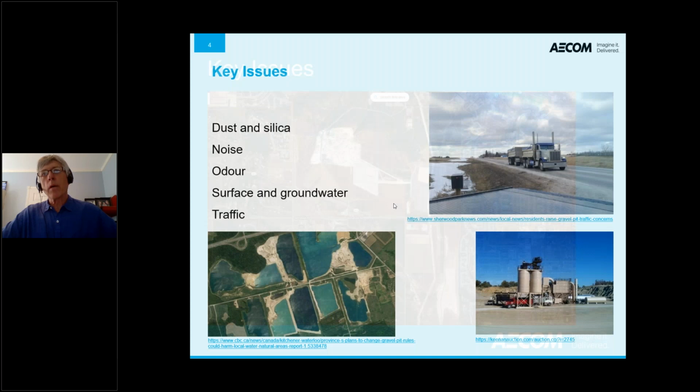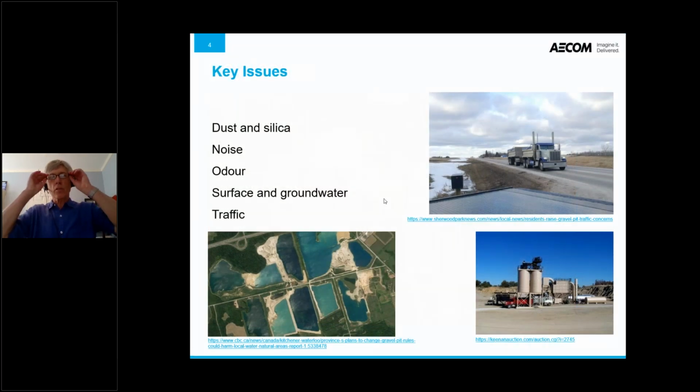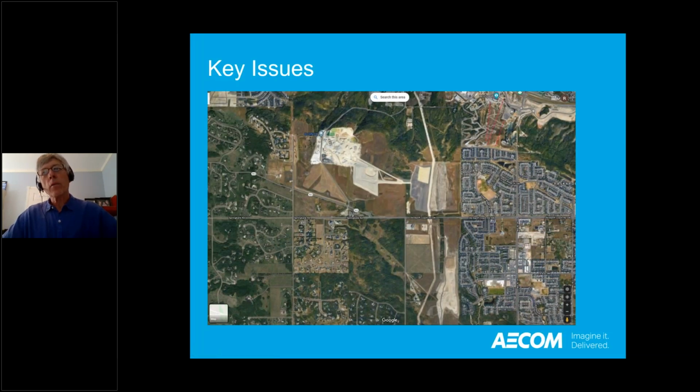So this is a map of West, at least it was a map of West Calgary. Yeah, just go back for a second. So this is the area that's looking at the western part of the new ring road development. Just COP is just in the northeast corner of the map, and this indicates why gravel pits can often have a high priority among residents. This pit is a new pit developed to support the construction of the road.